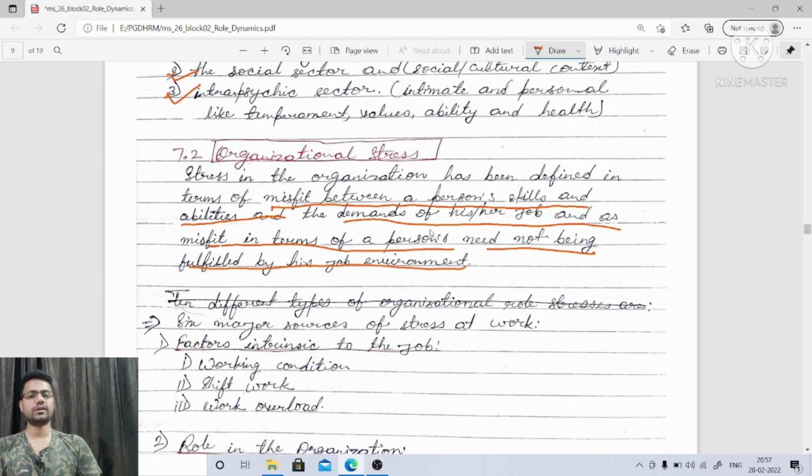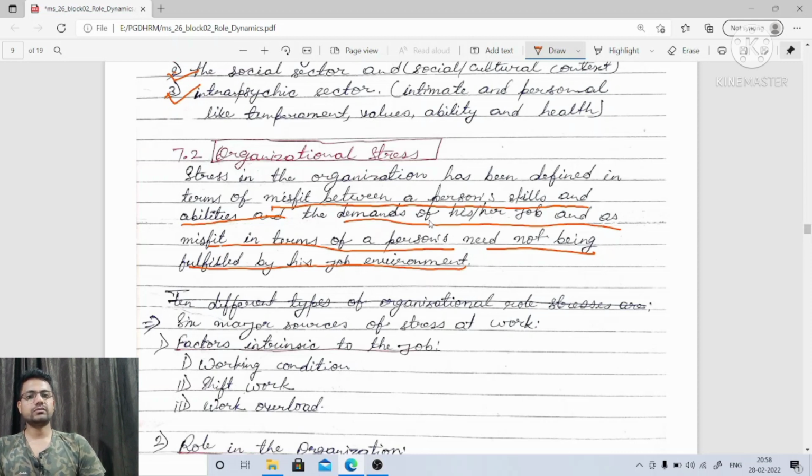It means, whatever skills and abilities the person possesses, and whatever skills and requirements the organization demands, if there is a misfit, if the skills possessed by the individual are not going to match the requirements of the organization, then what will happen?